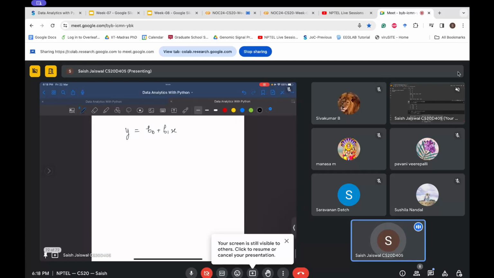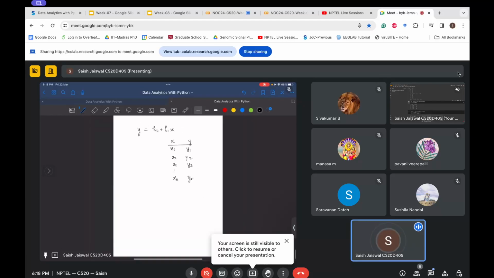Let us say we have these data points x1 y1, x2 y2, x3 y3 and so on up to xn yn. Now if you substitute these values in this equation, it will be y1 equal to beta naught plus beta 1 x1. Let us consider this as beta because these are the population parameters.